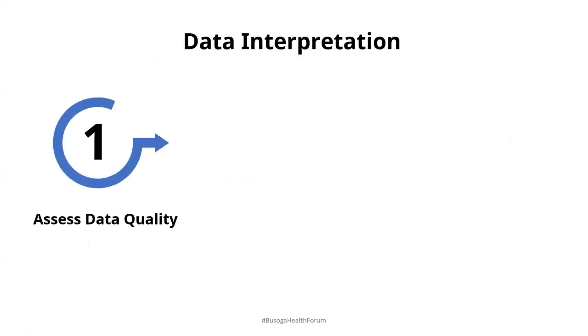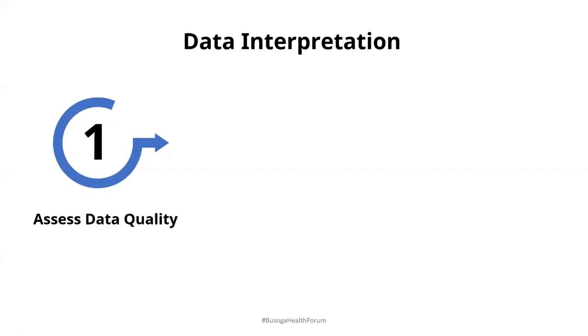So how do we interpret the data in the table? I already gave a hint. At least you see how to tease it out. Now, it's simple. Start by assessing the quality of the data you have. Is the data complete? Do you have some mothers that have not been classified?